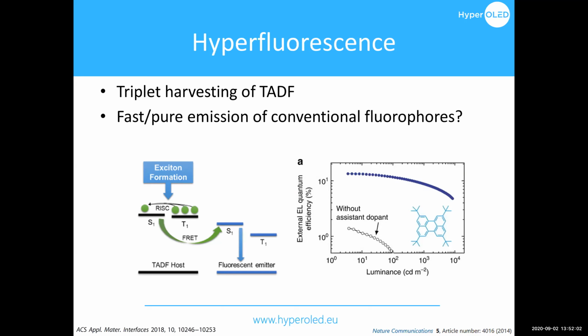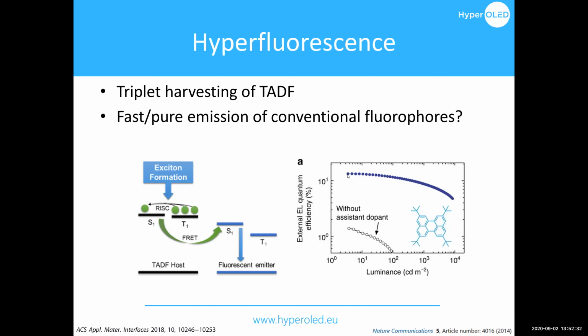In fact, although this Hyper OLED project was centrally concerned with hyperfluorescence and how to develop it, our main insight so far has been that it really hasn't been demonstrated consistently yet that you can get better performance in the hyperfluorescence than compared to the TADF material by itself. And this figure here from this citation is a good example of how you can kind of hide that result under the carpet.